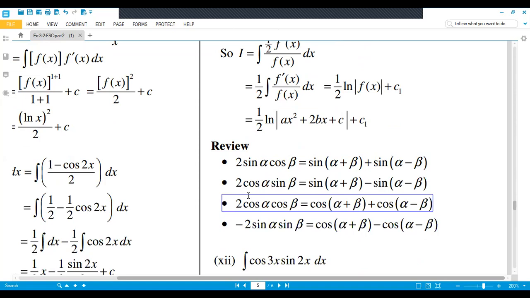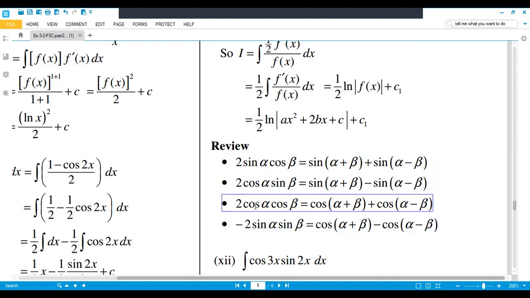Here you have the review formulas. You already studied these formulas in first year. I am going to revise them again because we will use them in the next question. 2 sine alpha cos beta is equal to sine alpha plus beta plus sine alpha minus beta. If you have 2 cos alpha sine beta, then instead of the plus sign, a minus sign will come: sine alpha plus beta minus sine alpha minus beta.